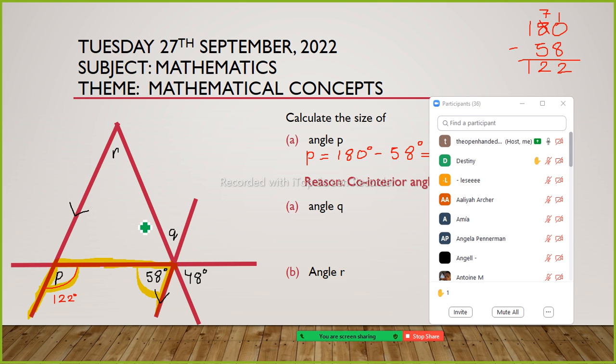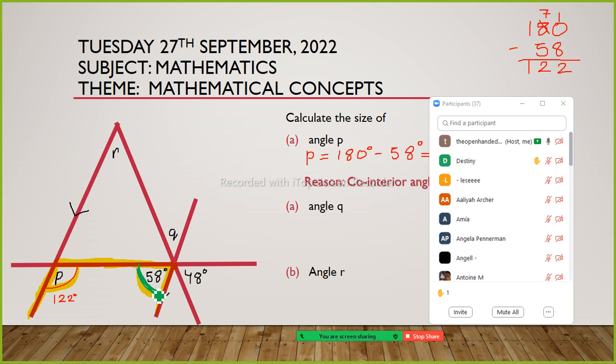So if we go to our diagram, we notice that 58 is going to be vertically opposite to what angle? 58. It's going to be vertically opposite to what angle? Which one?